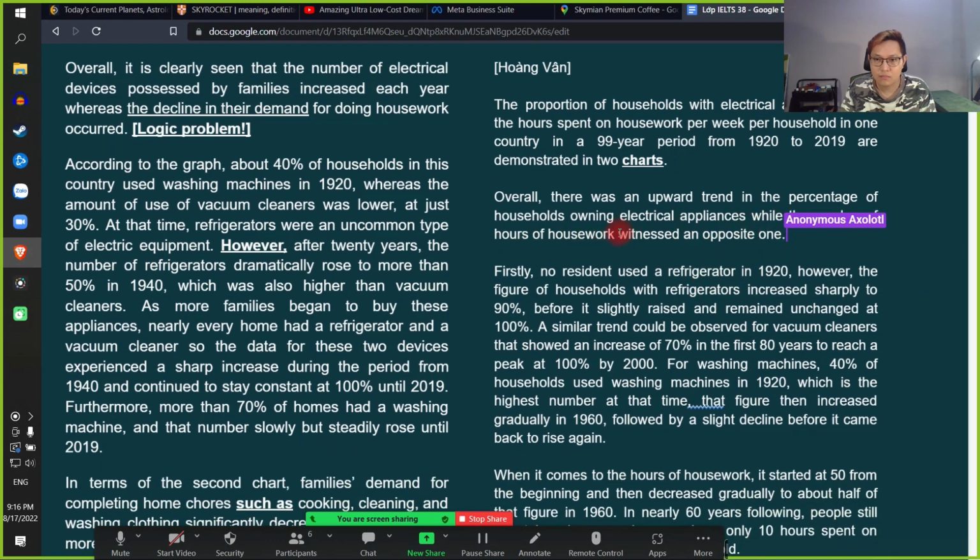Good. Very good. While the number of hours of housework witnessed an opposite one. You mean opposite trend, right? Yes. You can say witness the opposite. Just the opposite is enough.